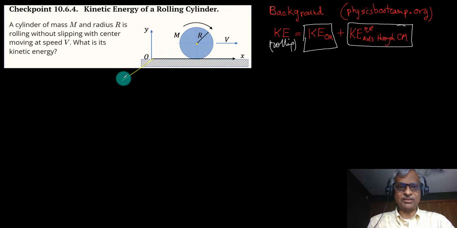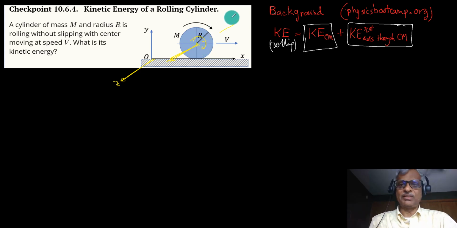This is the z-axis coming out, and the cylinder is rotating about an axis parallel to the z-axis. At the same time, the center of mass is moving that way.